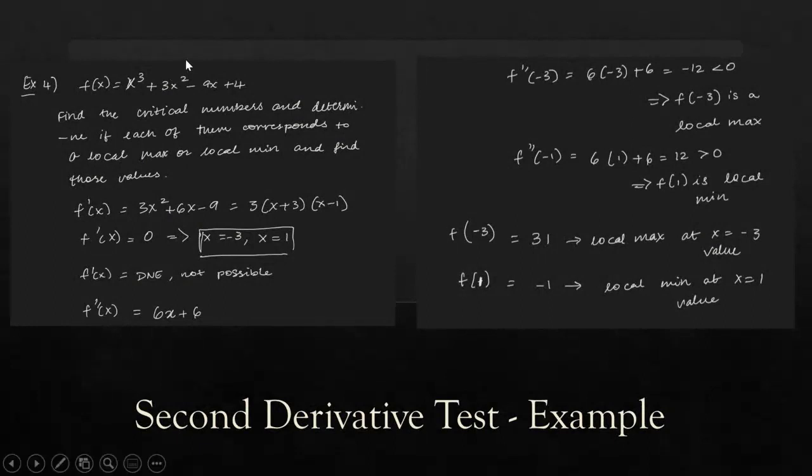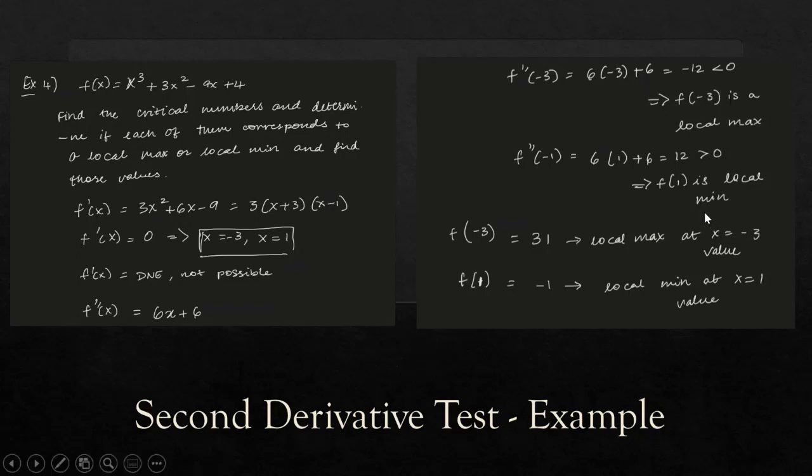As you can see, our function is x cubed plus 3x squared minus 9x plus 4. First, I found the first derivative and found the critical numbers were x equals -3 and x equals 1. Then I found the second derivative and plugged in -3 and 1. When I plugged in -3, I got -12, which is less than 0, so I concluded that there's a local max.